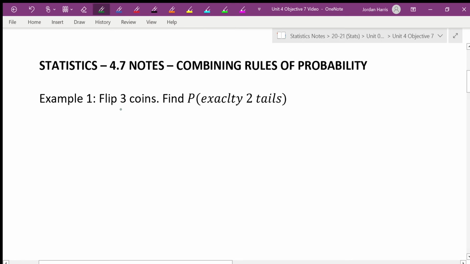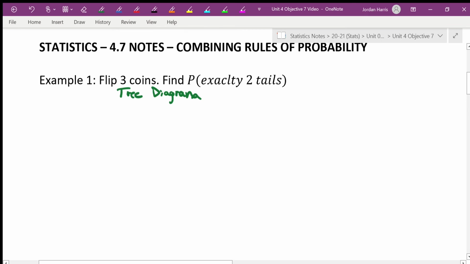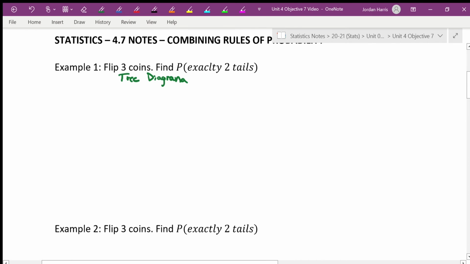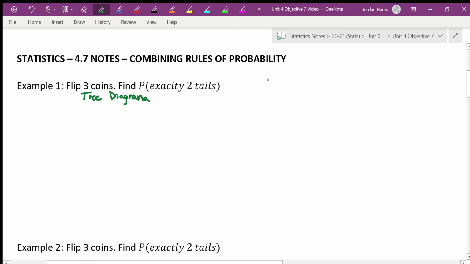Okay, so first we're going to look at the tree diagram to answer this question. It says flipping 3 coins, find the probability of exactly 2 tails. So I'm just going to go on the side over here, give myself lots of space. First coin, heads or tails, right? And then remember, we always branch off from each of those options.